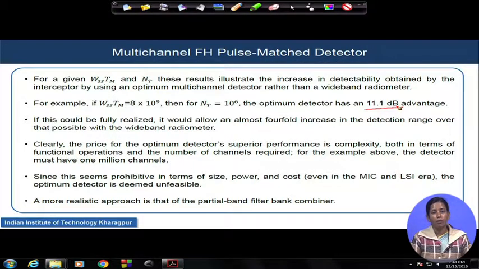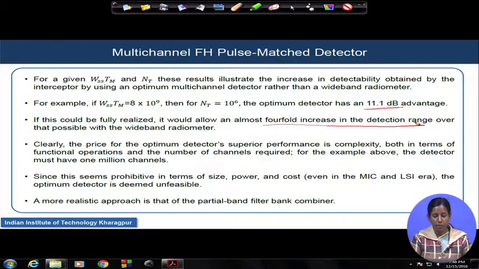So, once you are deploying the multi-channel concept, there is definitely a gain in performance, and if this could be fully realized, there will be at least a 4-fold increment in the detection range. That is confirmed.